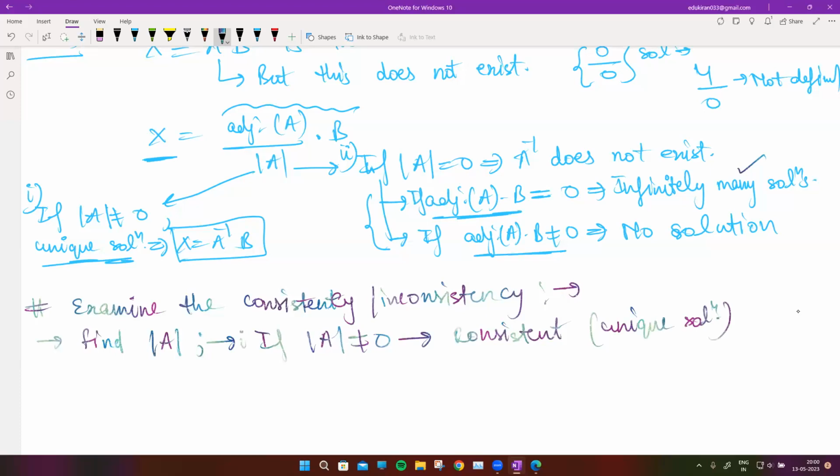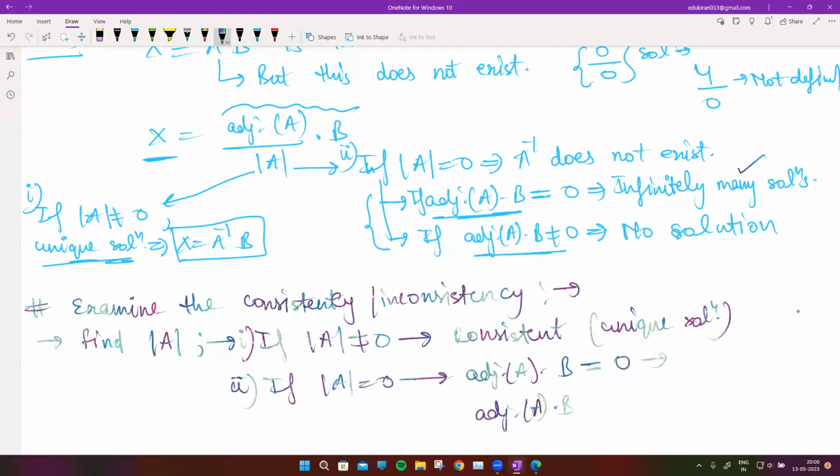If the determinant of A is not equal to 0, then the work becomes very easy. Then it is easy. Determinant is not equal to 0, directly say consistent. Unique solution. If the determinant of A is equal to 0, then we will go for adjoint of A into B. So if adjoint of A into B is also 0, then we will say 0 by 0 form, which means consistent.